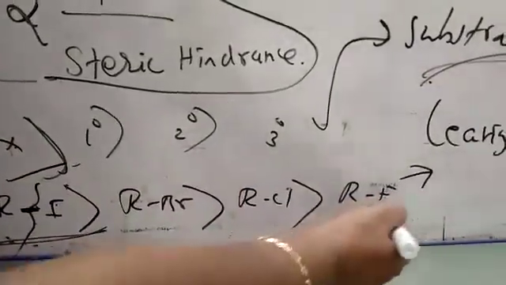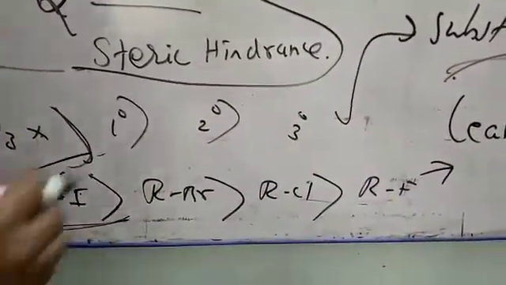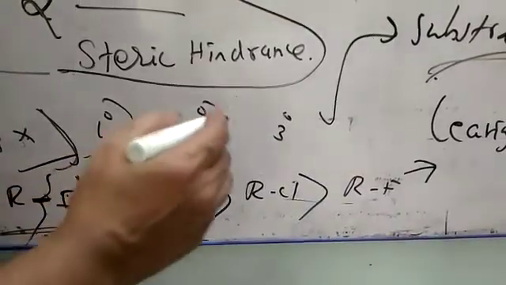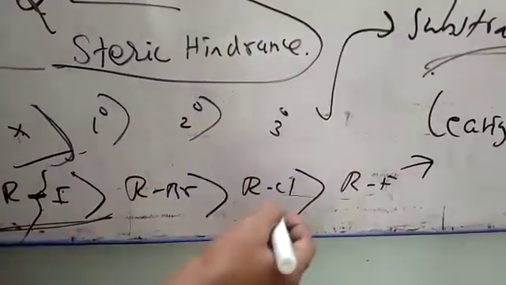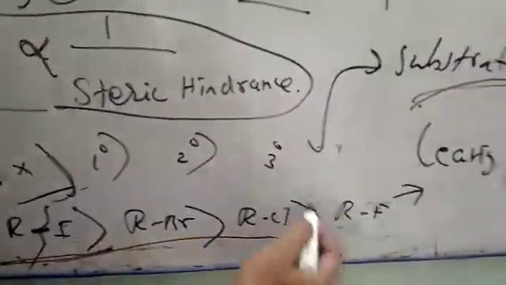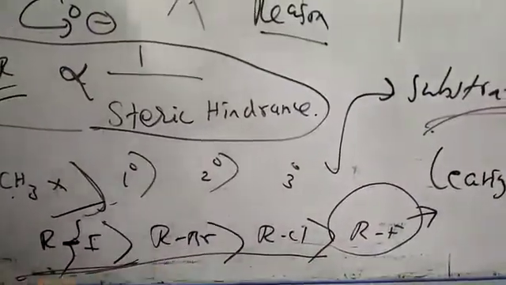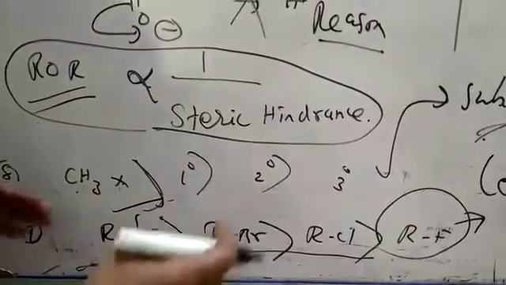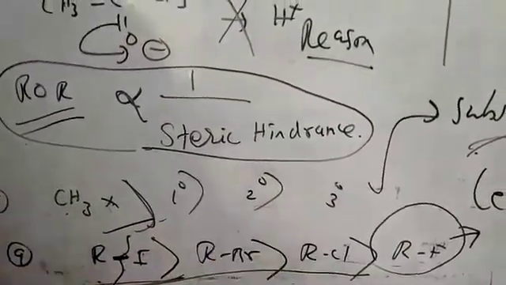Comparing the alkyl halides, iodide is better than bromide. Bromide is better than chloride, and fluoride is very slow. Usually you do not consider fluoride. So the rate of the reaction depends on the leaving group. All the points are very important.